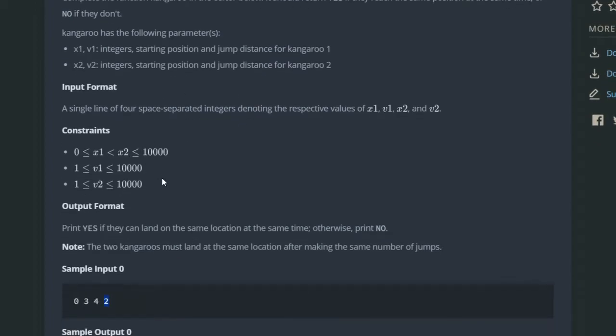If we read the constraints, x2 is always bigger than x1, so the second kangaroo is always ahead of the first kangaroo at the start, and the only way for kangaroo 1 to reach it at a specific point after a specific number of jumps, or at least to pass it, is that v1 should be bigger than v2.